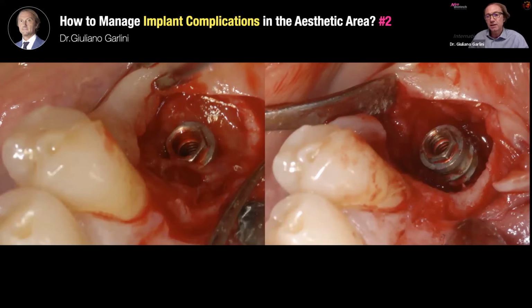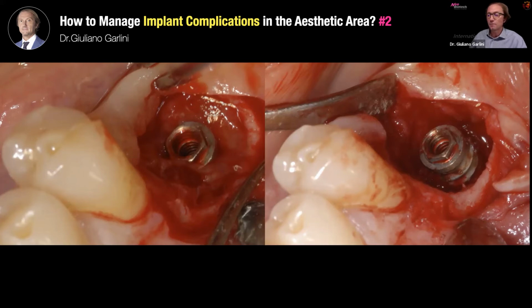You can see that we have a great amount of connective tissue around the implant, and we have to clean it very well, and it will be easier for me to clean the implant if I am able to remove the crown itself.